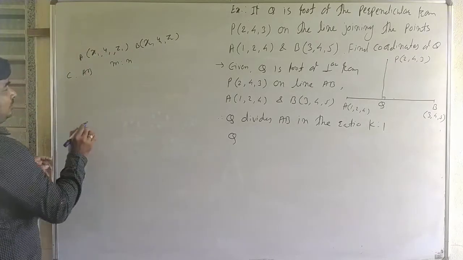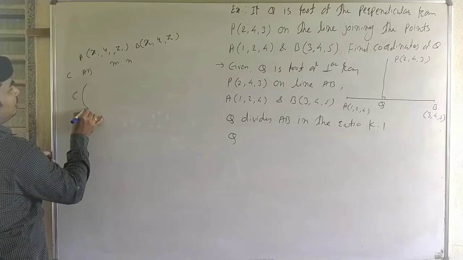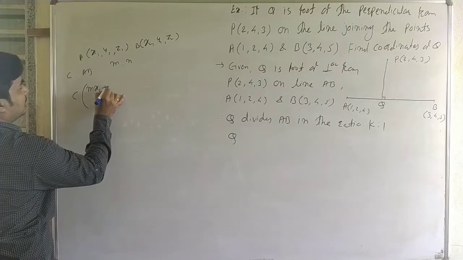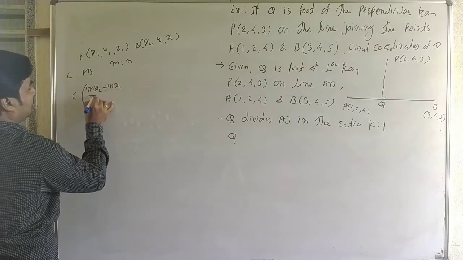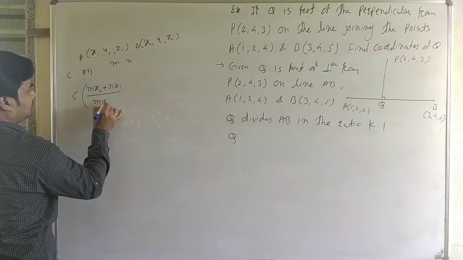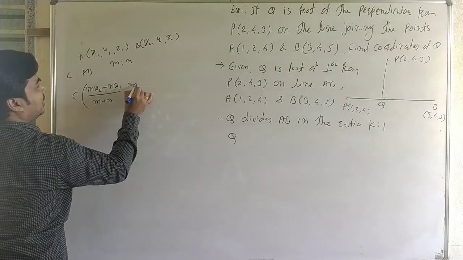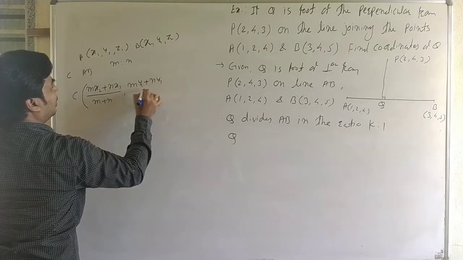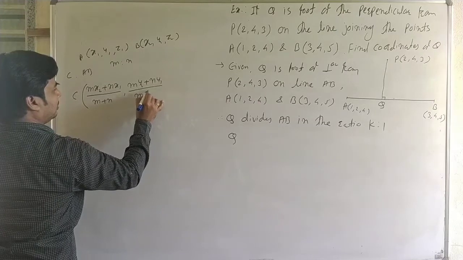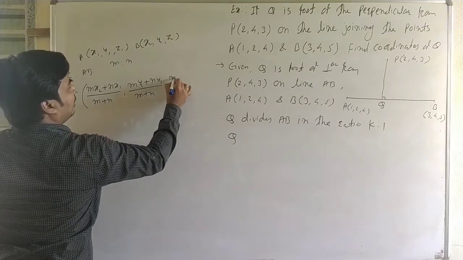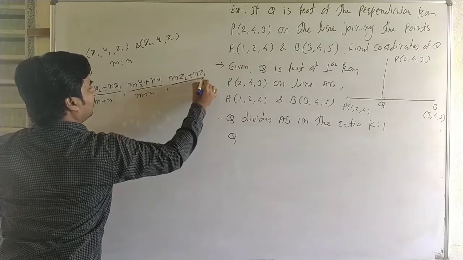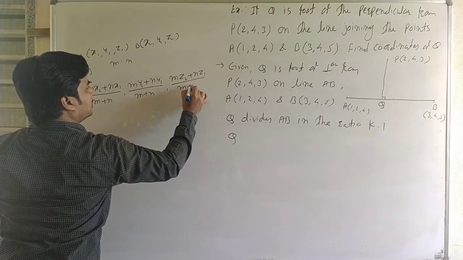By the Cartesian method, the coordinates of point C are (m x2 plus n x1) upon (m plus n), then (m y2 plus n y1) upon (m plus n), and (m z2 plus n z1) upon (m plus n).